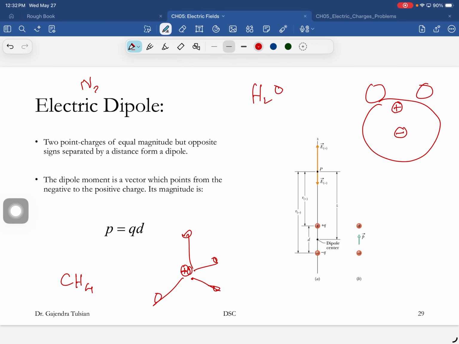For a nitrogen molecule, an oxygen molecule, or any atom, the centers of positive and negative charges are right on top of each other. So none of those have any dipole moments. There's 10 to the 28 air molecules in this room. What is the dipole moment of each of them? Zero.